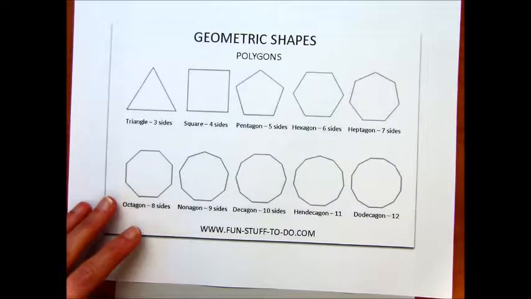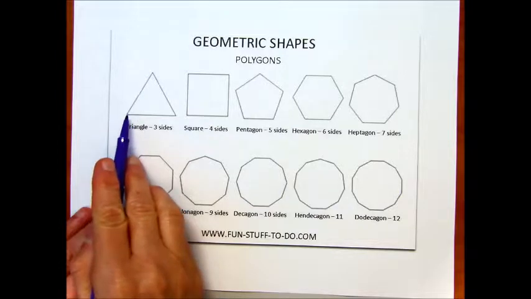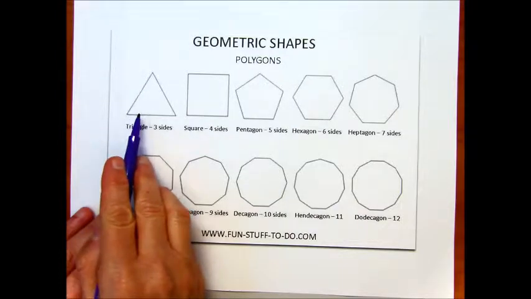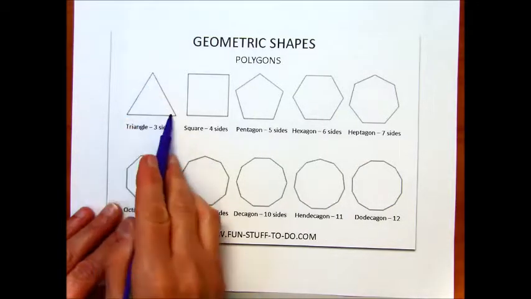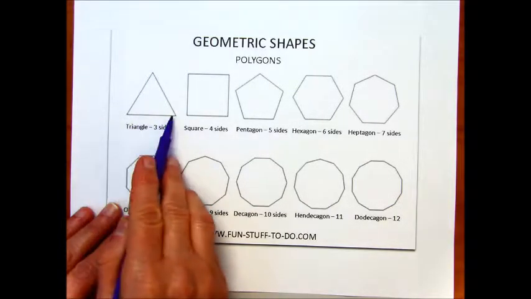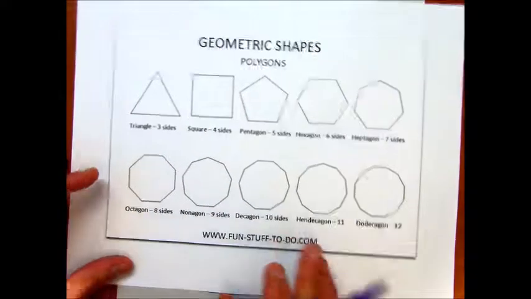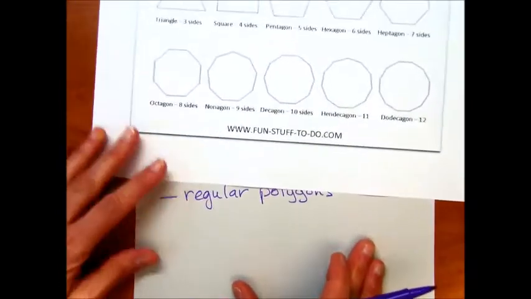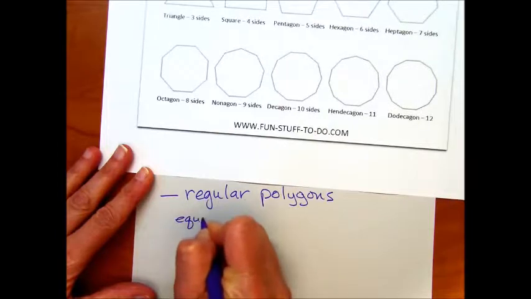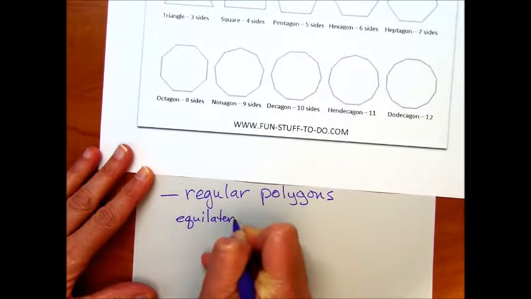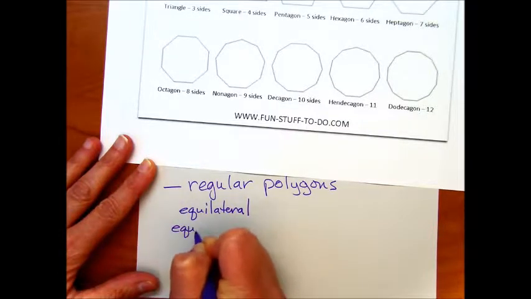They have equal sides, not meaning that they all have 3 sides, but that the side lengths are the same dimension. So if we took a ruler and measured, each side would be the same amount. And so there's a special word for that. That's called equilateral, and that means equal side lengths.